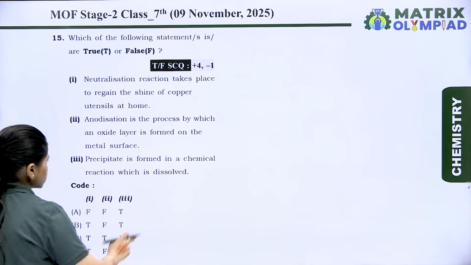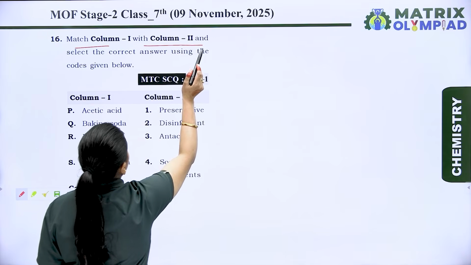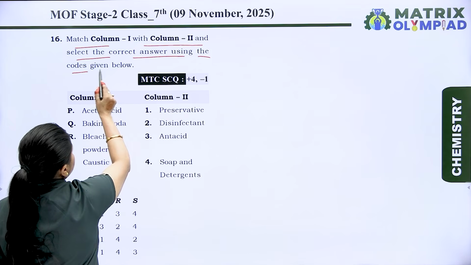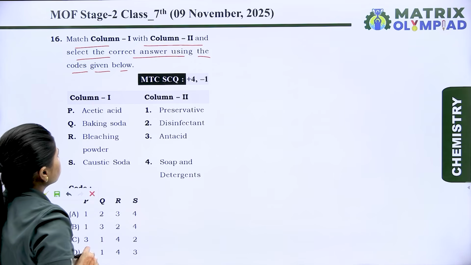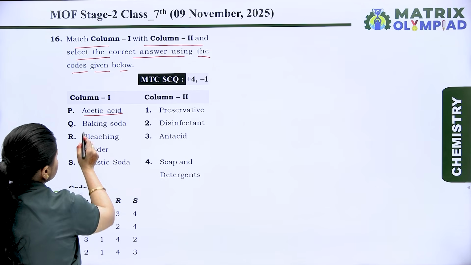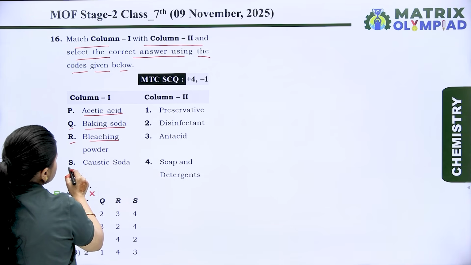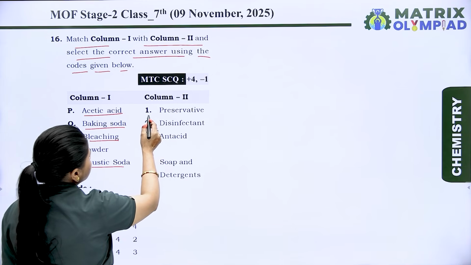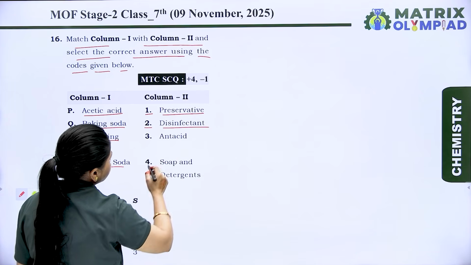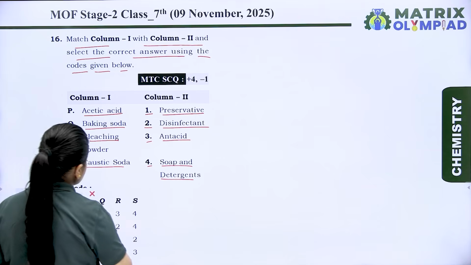Now, the next question is, match column first and column second and select the correct answer using the code given below. There are column 1 and column 2. Column 1 has P as acetic acid, Q baking soda, R bleaching powder, S caustic soda. Column 2 has first preservative, second disinfectant, third antacid, fourth soap and detergents.